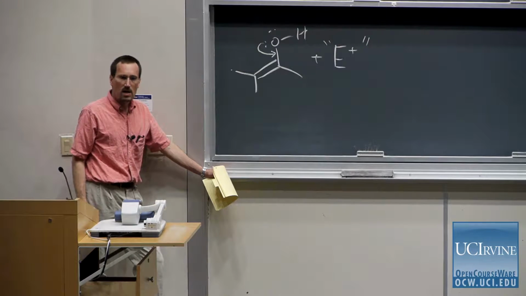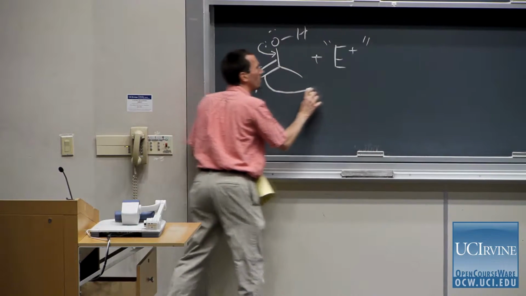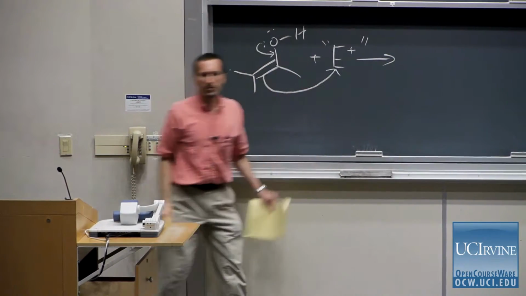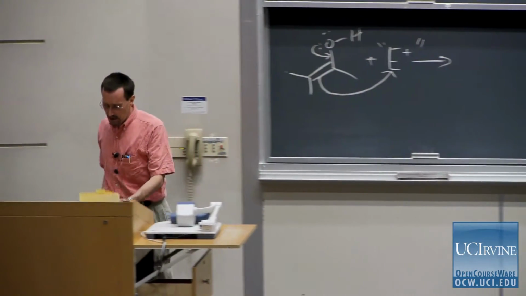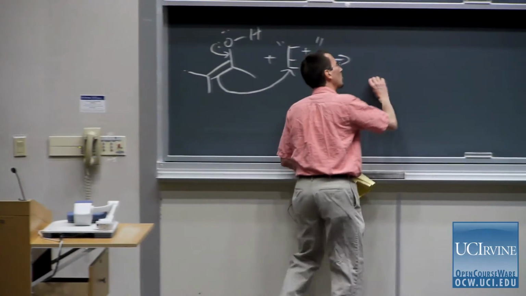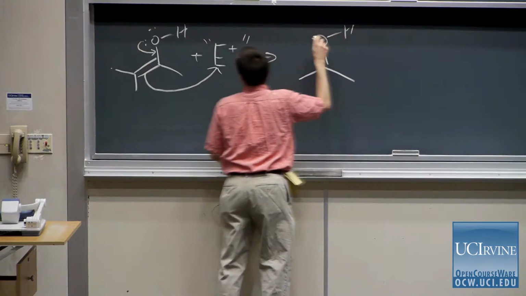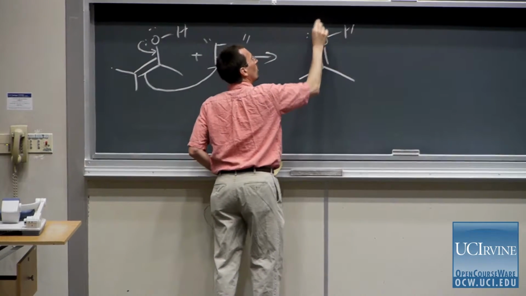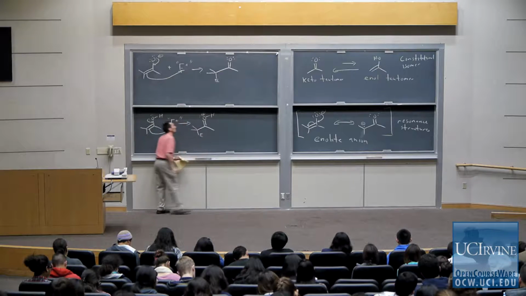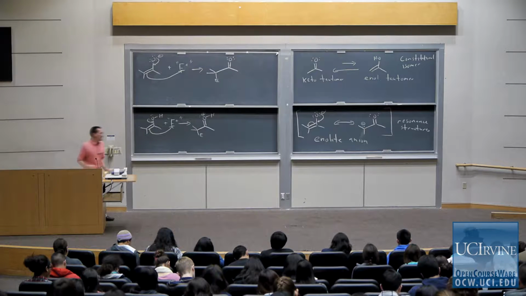and we can imagine electrons flowing down from the oxygen into the carbon-oxygen bond, giving rise to a carbon-oxygen double bond, concurrently with electrons flowing from the carbon-carbon double bond to the electrophile. And if we continue with our grammar of electron pushing, our grammar of the curved arrow, now that's going to leave us with a protonated carbonyl and a bond to our electrophile. And now we can imagine losing a proton.